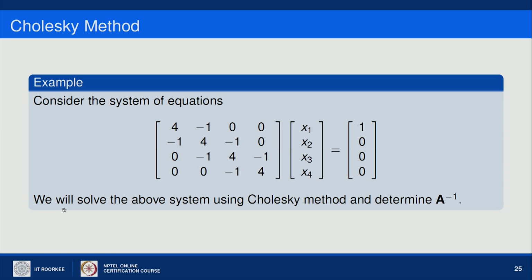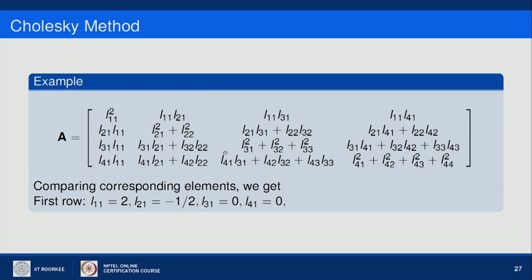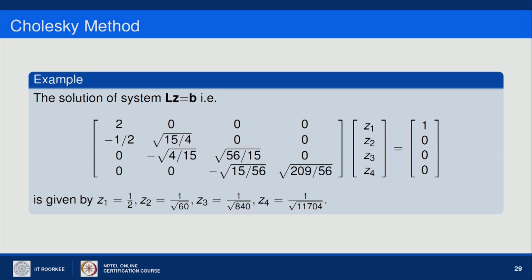If we solve this system using the Cholesky method, I will take L as the lower triangular matrix, and L L transpose will become like this. Here this will be the transpose of L, and the products can be written in this way. After comparing the entries of A with the entries of this matrix, L comes out in this way.